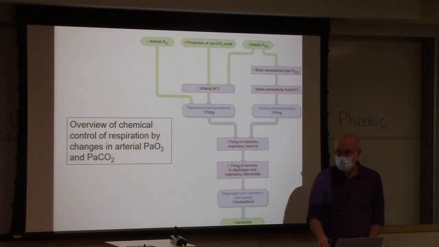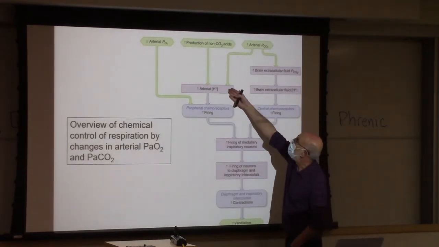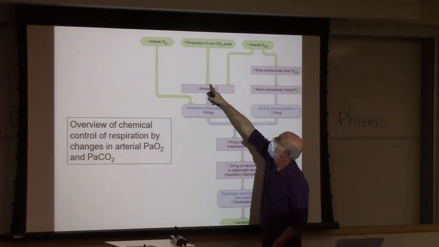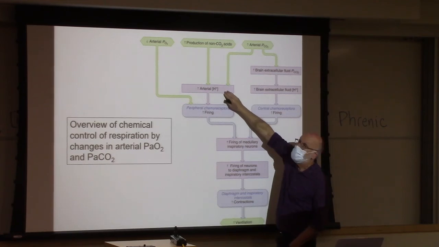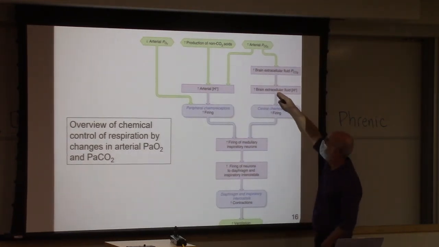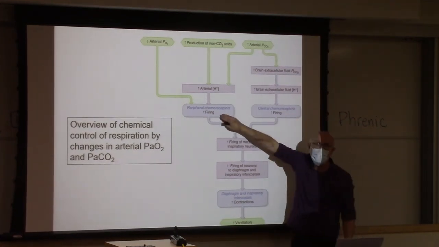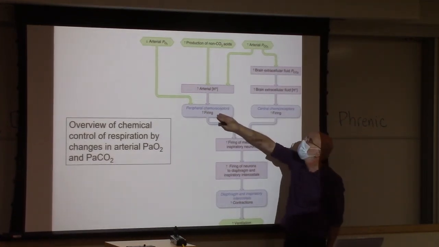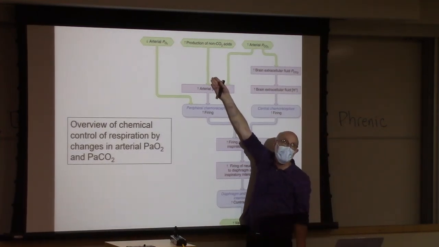All right. So now, we have done this story. CO2, acid, CO2, acid, increasing the firing of central and peripheral chemoreceptors. There's other ways to make acid, which do the same thing.